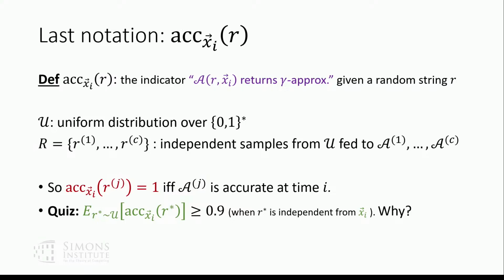The reason is that this is precisely the guarantee of the non-robust algorithm. When your random string is independent from the input, you get a good guarantee. This is for one i, for each i.